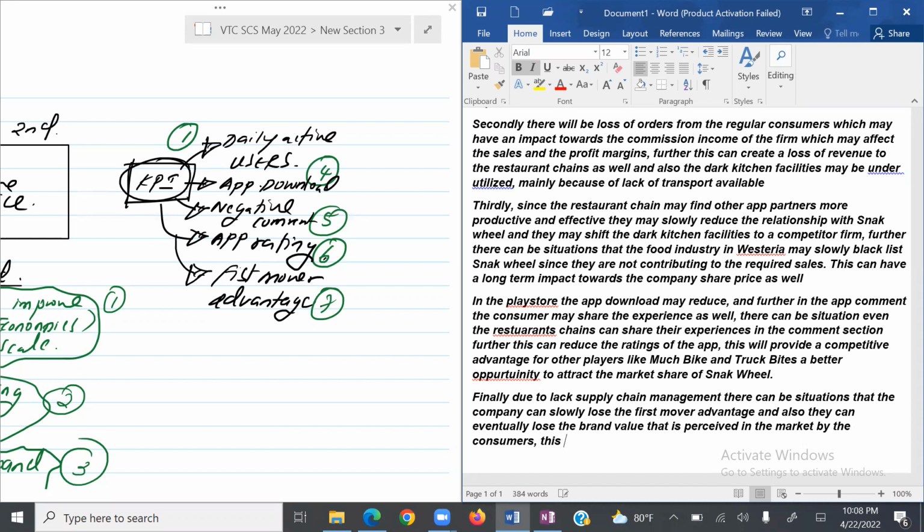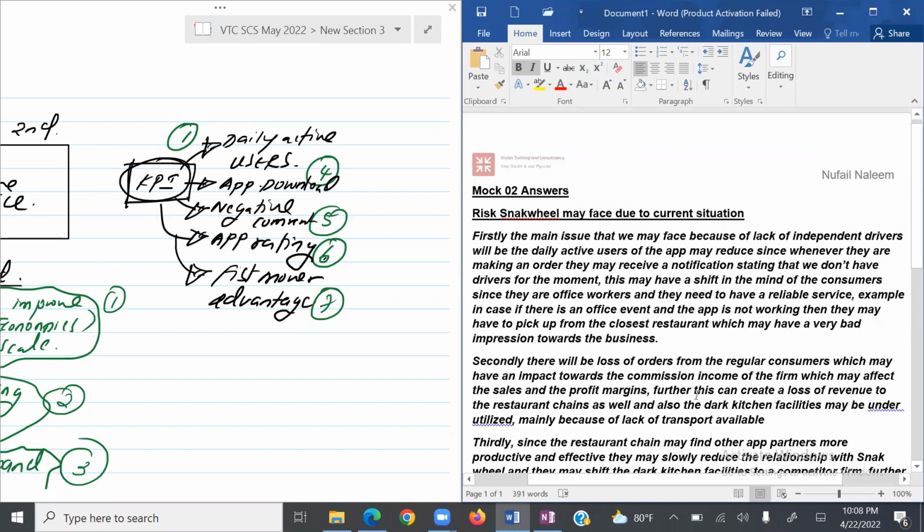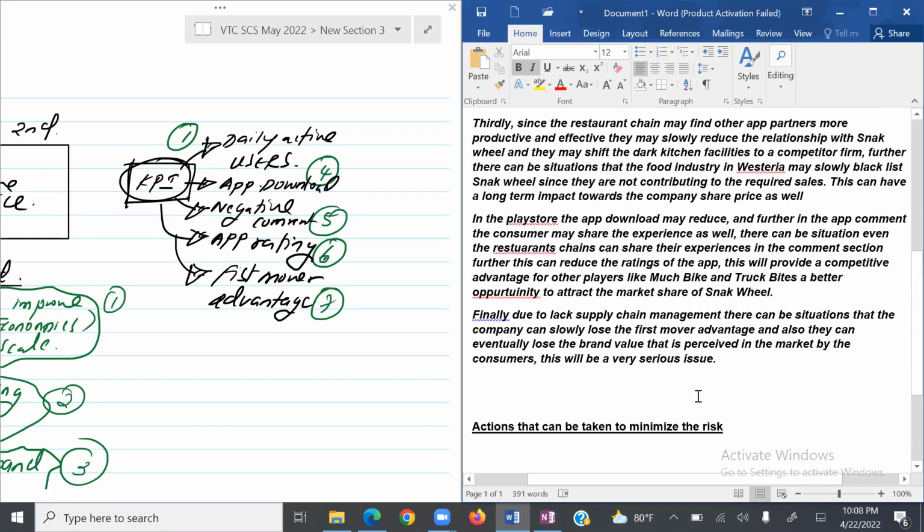Full stop. This will be a very serious issue. Full stop. So students, I believe a strong point of view has been done.